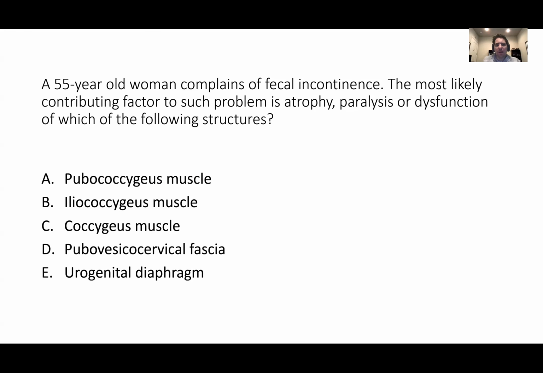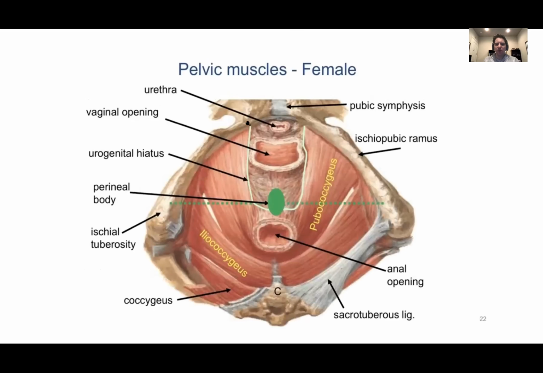Okay, so whenever we're talking about this fecal incontinence, right? We're talking about the muscles around the rim. And so it's primarily this pubococcygeus muscle. So you can see here around the anus, you have this pubococcygeus. Sometimes they talk about this little part, it's called the puborectalis. Technically, they're all kind of together.